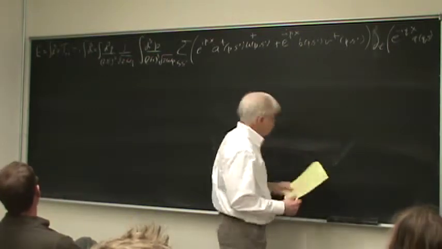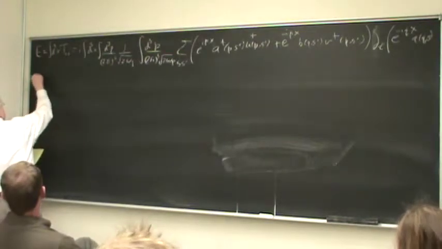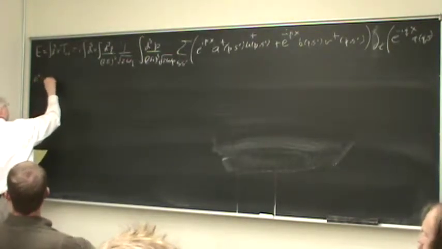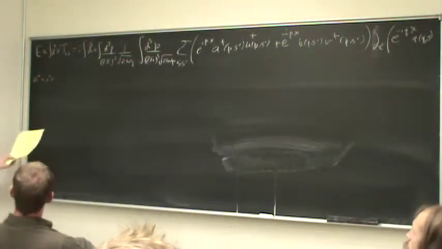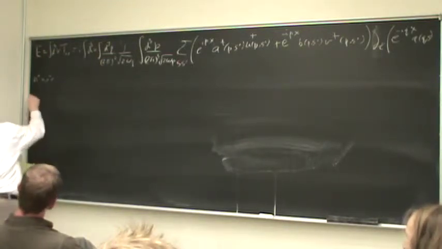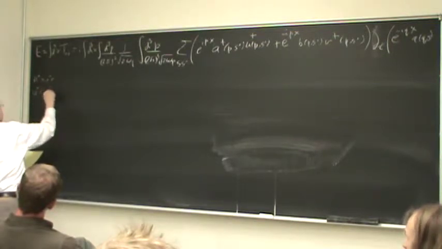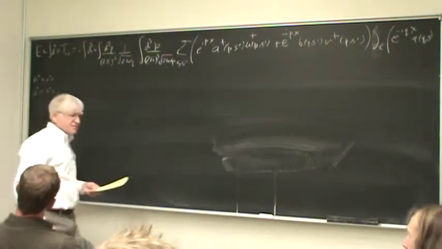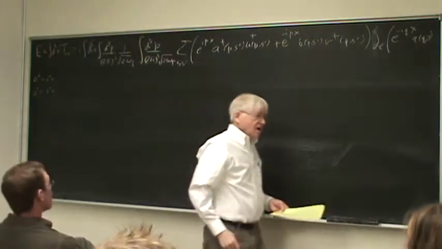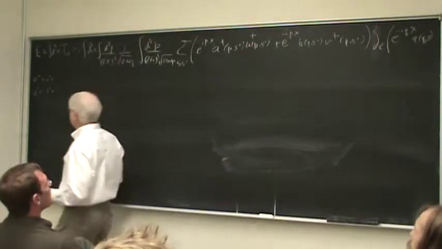For u†u and v†v, these terms are going to have the nice delta function. On the other hand, u†v and v†u are going to have the delta function of p plus q.